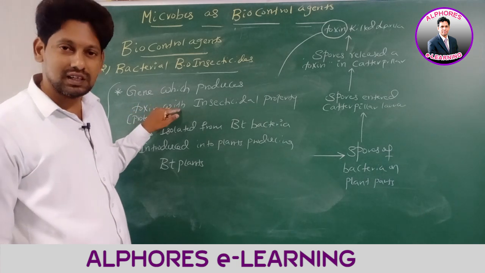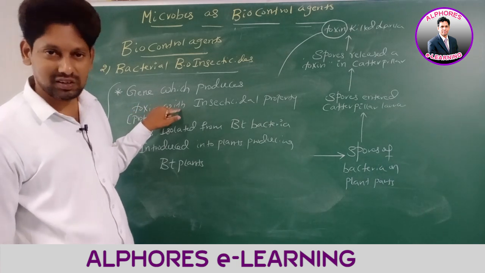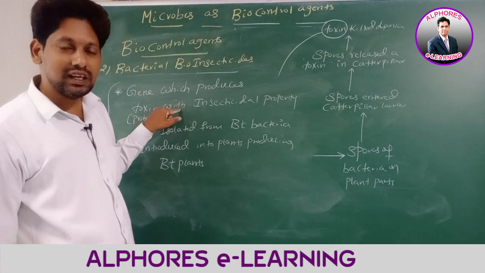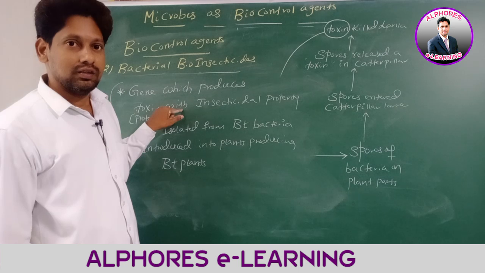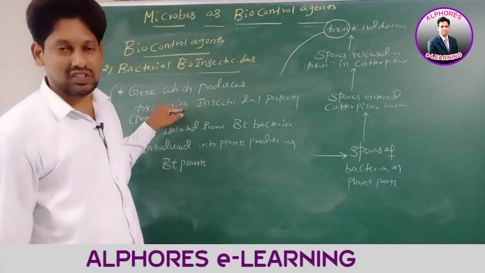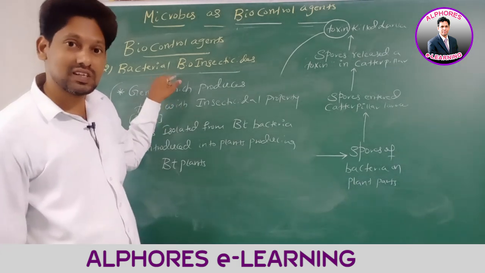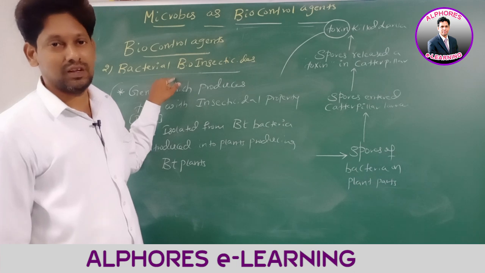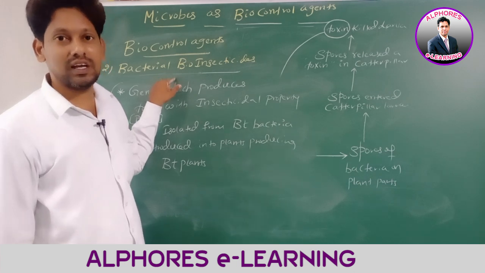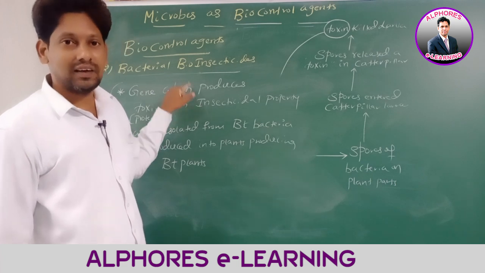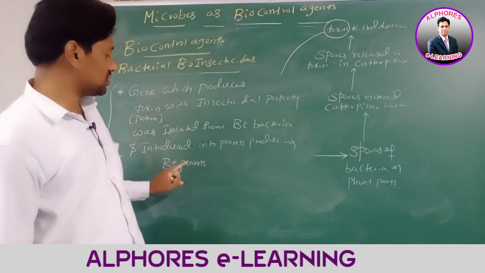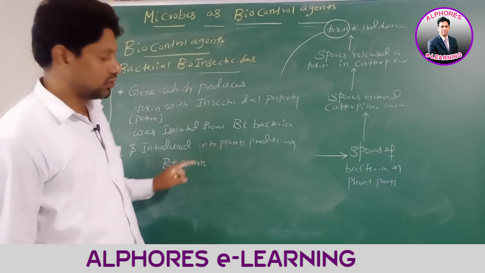Therefore, after development of the genetic engineering process, the gene which is responsible for production of a toxin with insecticidal properties was isolated from Bacillus thuringiensis bacteria, and that gene was introduced into plants, producing which plants?